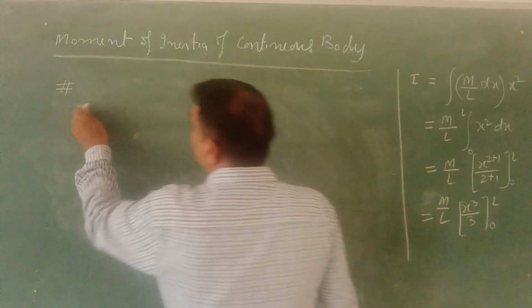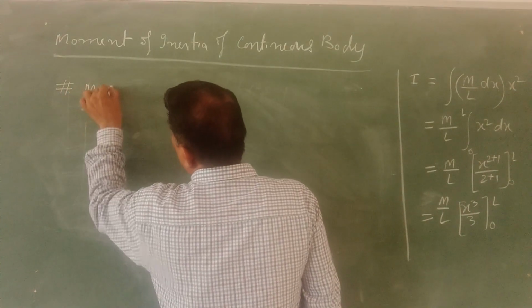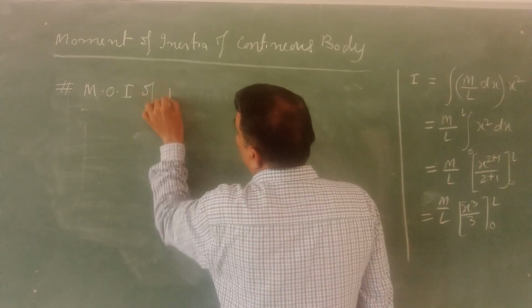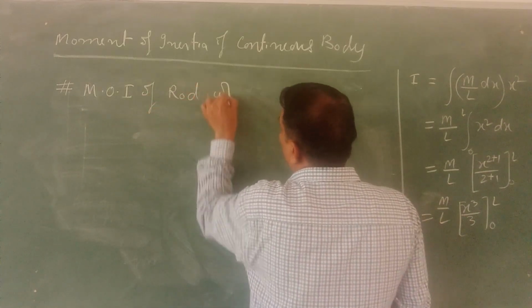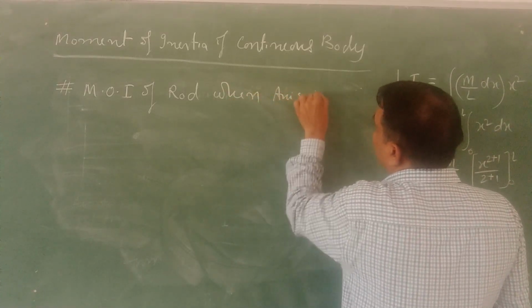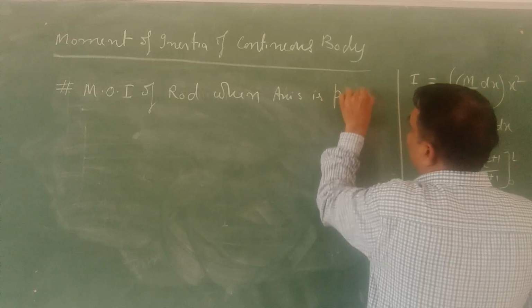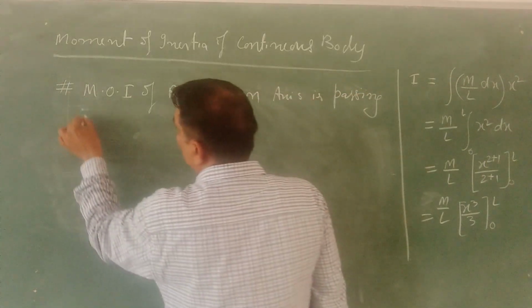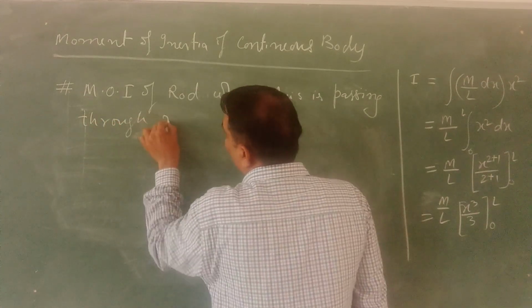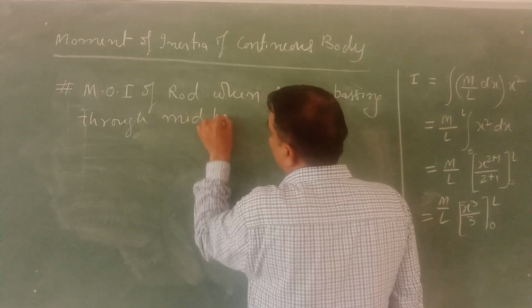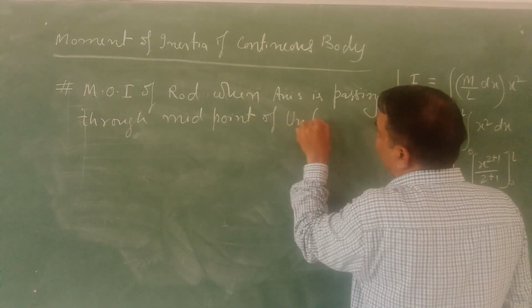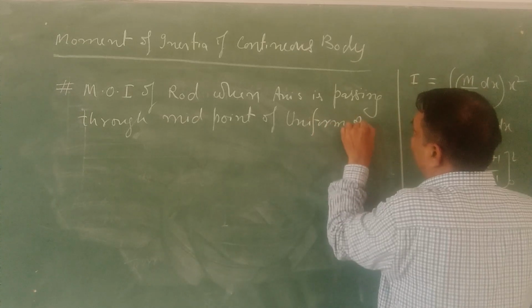So another heading is moment of inertia of a rod when the axis is passing through the midpoint of a uniform rod.